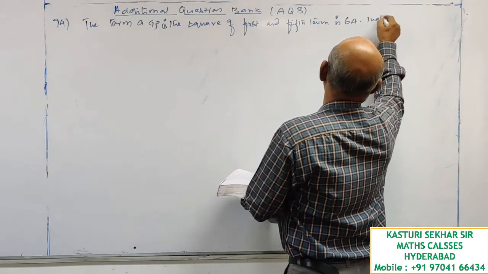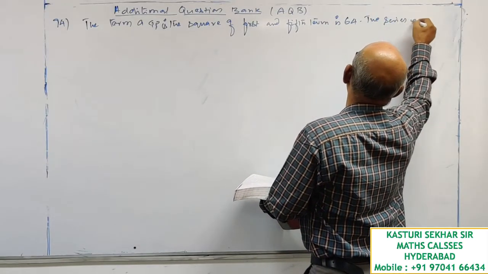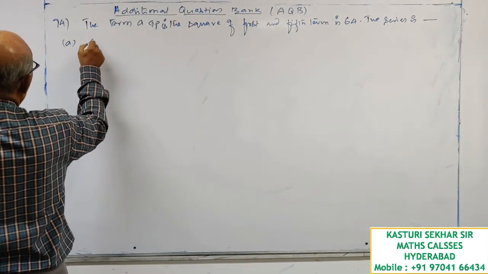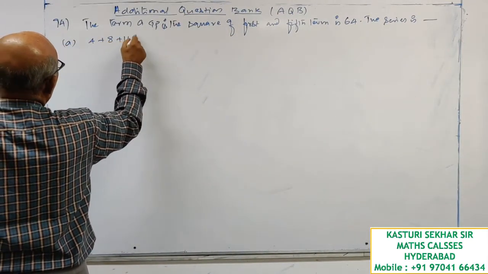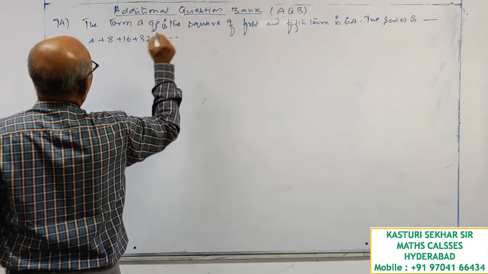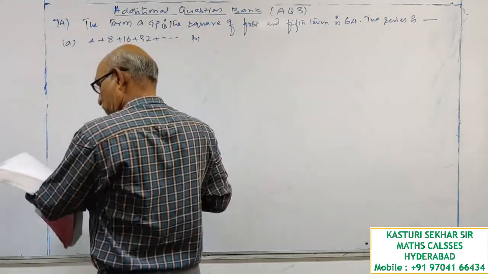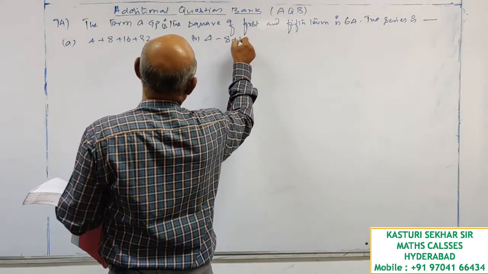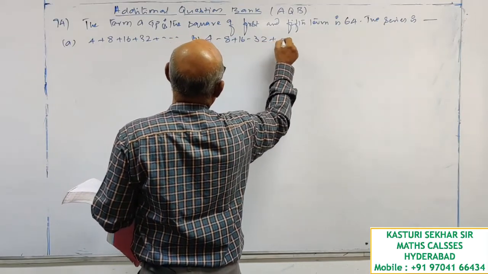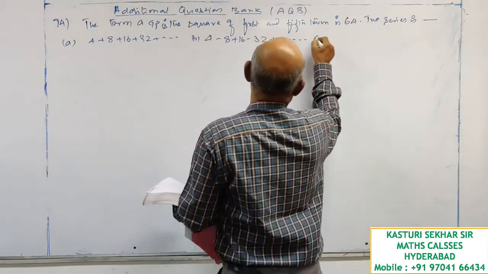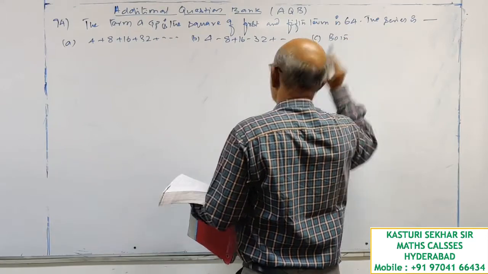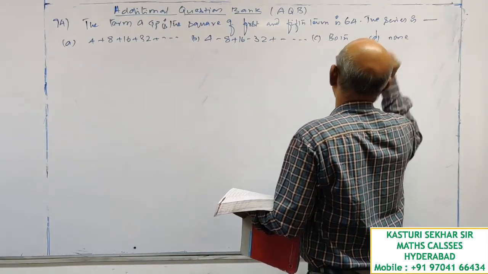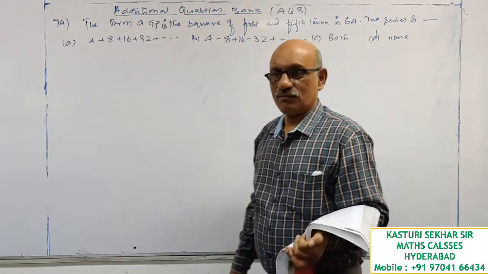The series is: option A, 4 plus 8 plus 16 plus 32 plus etc. Option B, 4 minus 8 plus 16 minus 32 plus minus etc. Option C, both. Option D, none. Here both means both A and B.